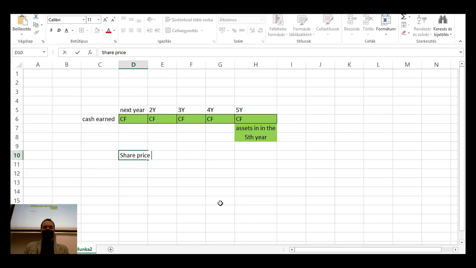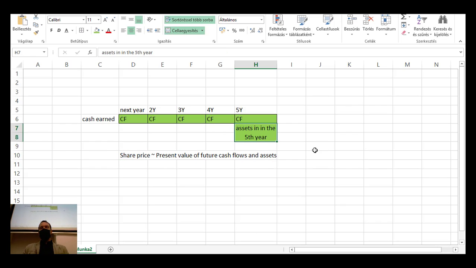It's not equal, but it's supposed to be similar to the present value of future cash flows and assets.